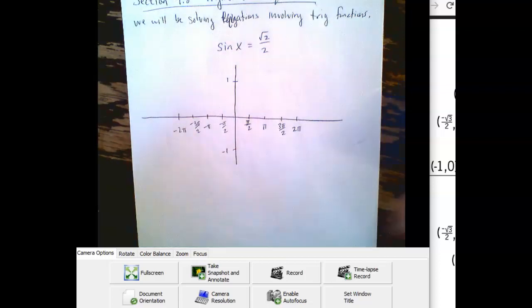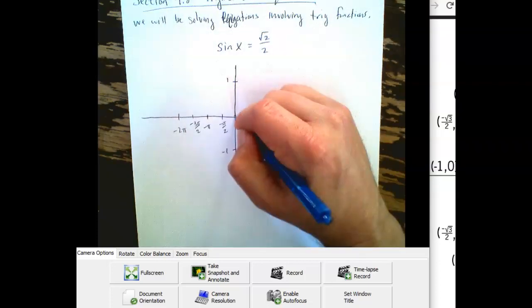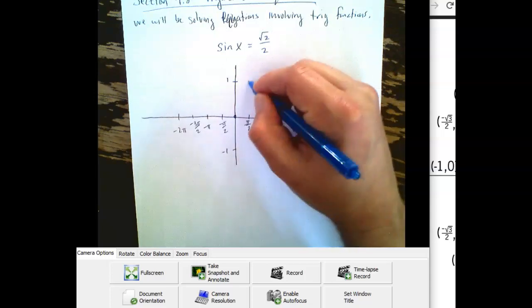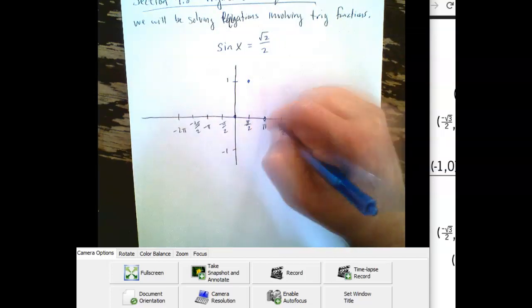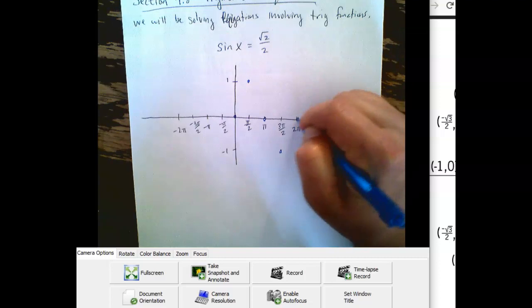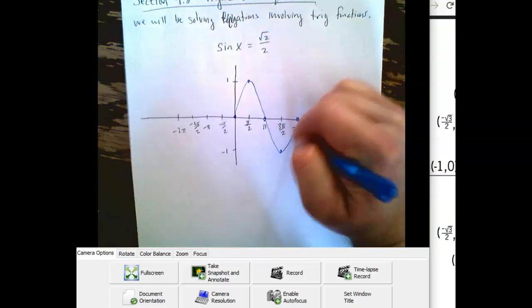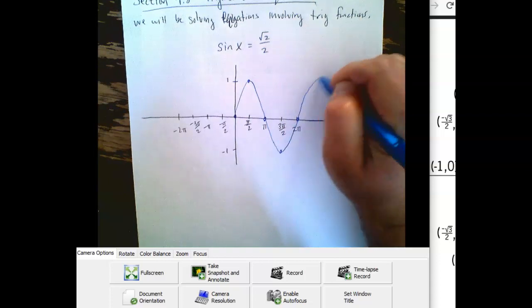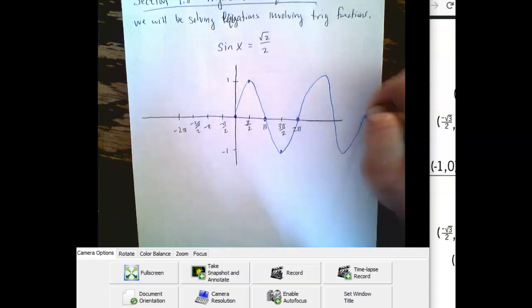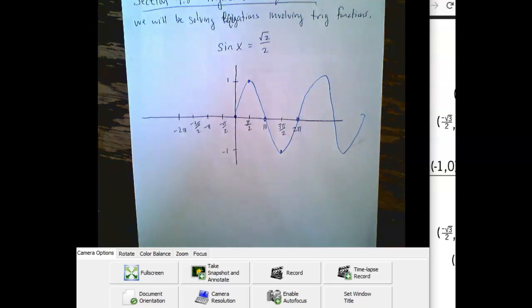So recall sine starts at 0 and then moves up. Right, so follow our unit circle, moves up. Then back down, down, up. So we have one period of the sine function here. And again, that's going to continue on forever and ever because it's periodic.